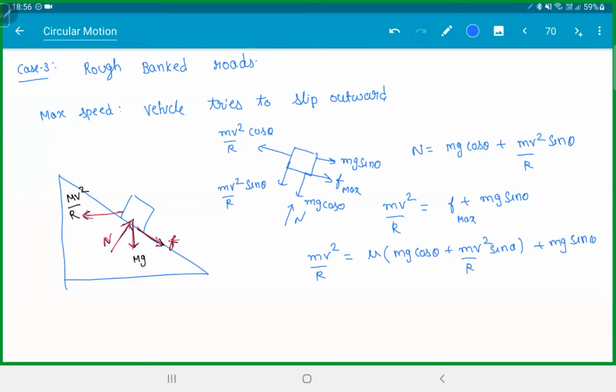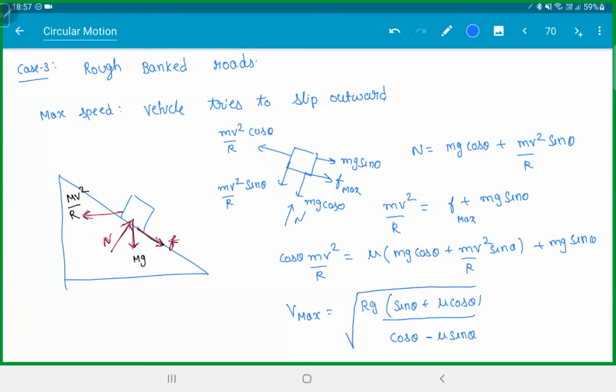Bring all v's to one side and sine theta to the other side. You end up with v is equal to, so remember the speed is maximum, root of rg, times (sine theta plus mu cos theta) divided by (cos theta minus mu sine theta).